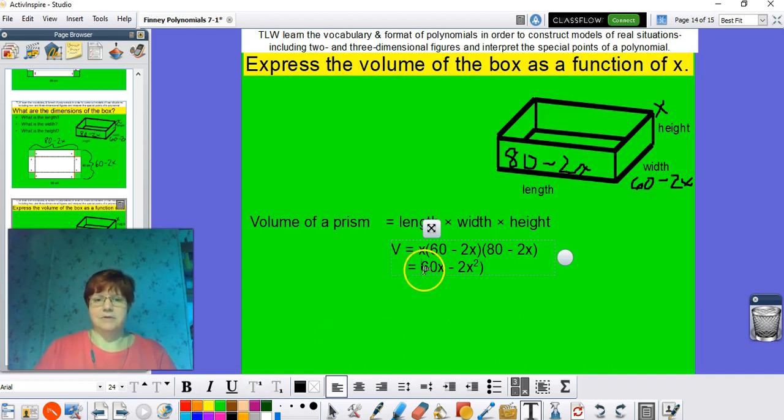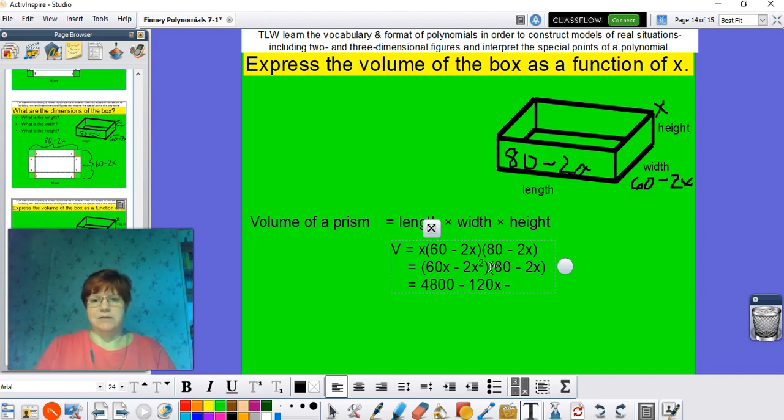So the first thing I did was distribute the x. Now I've got that times 80 minus 2x. So what I'm going to do now is FOIL that. 60 times 80 is 4,800x. 60 times a negative 2x is a negative 120x squared.